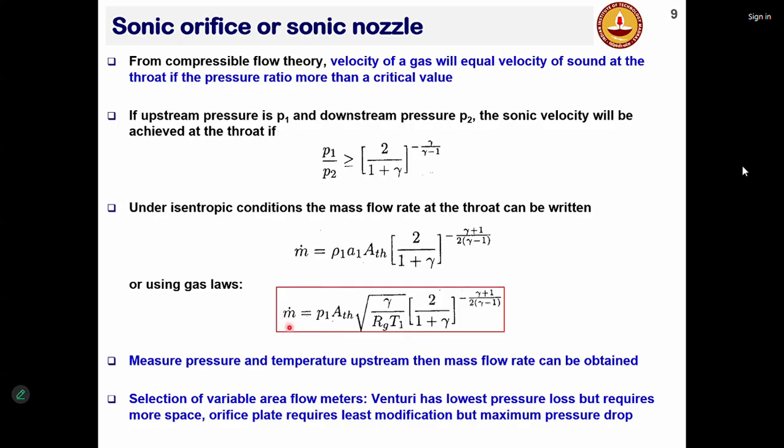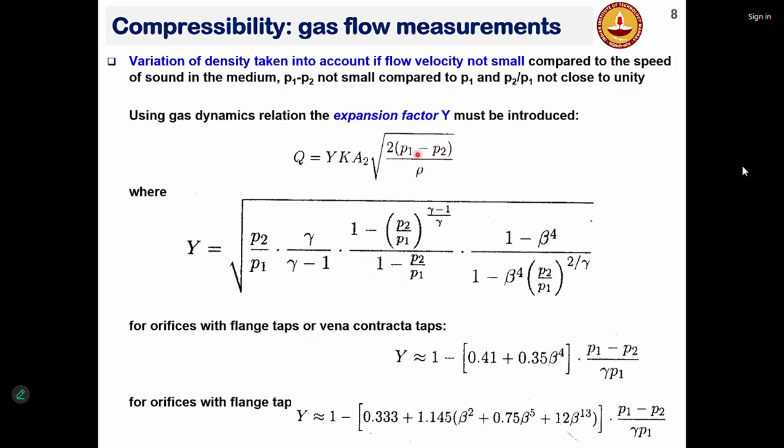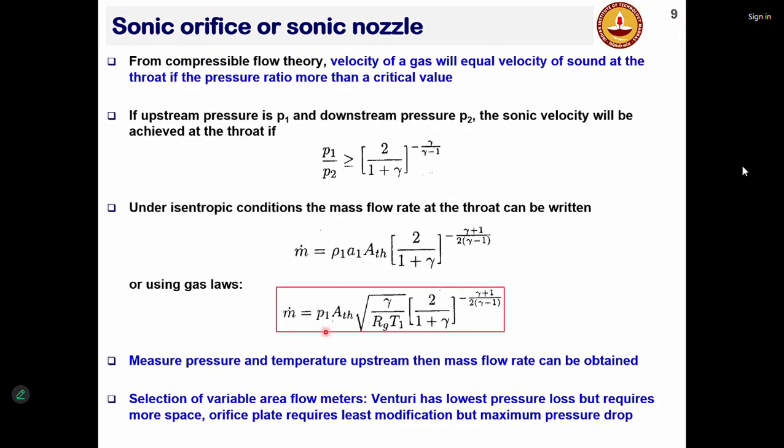It says that for a compressible fluid, you really do not need to measure the pressure at the upstream and pressure at the downstream as you do for an incompressible fluid for measuring volume flow rate, because that is what this formula says. You need to measure P1, P2 to measure volume flow rate. But in a compressible fluid, you can just measure the pressure in the upstream channel and temperature in the upstream channel. With these two, you would be able to measure the mass flow rate, given by this expression.